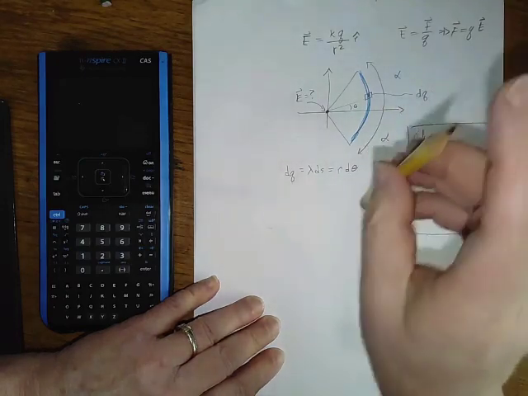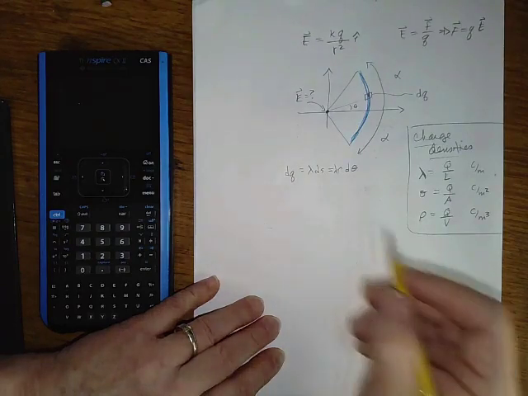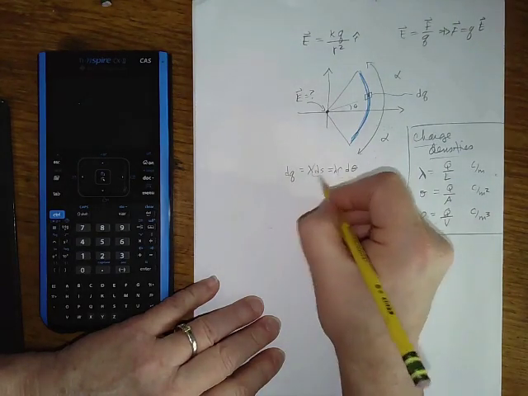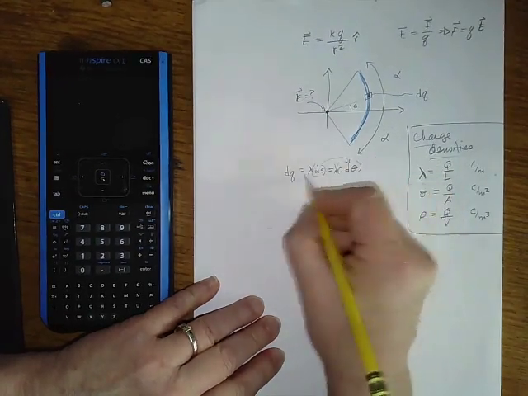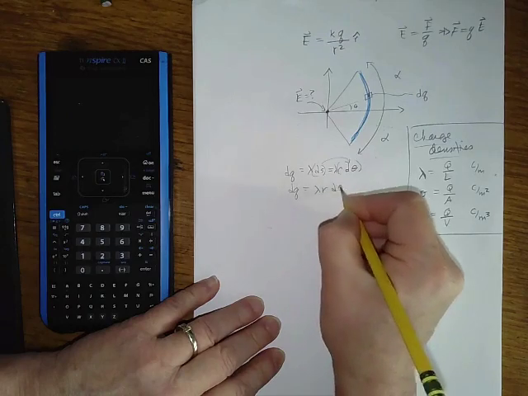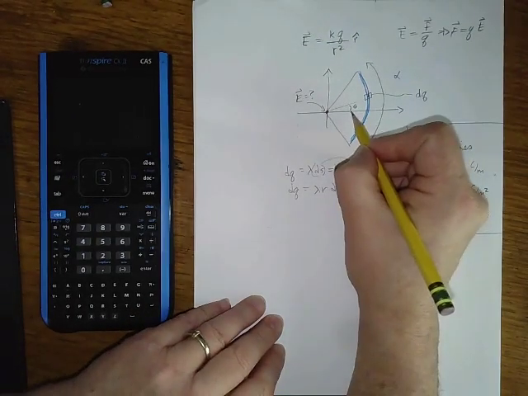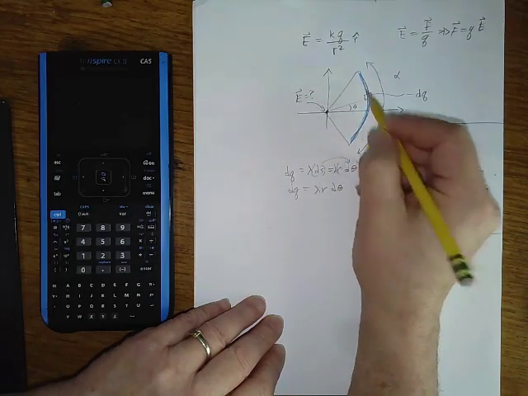Oops, I lost my lambda in there. So ds is r d theta. The lambda is multiplying the outside, so altogether dq is lambda r d theta. All right, so we can take our angle from negative alpha to positive alpha as we integrate, and we can get the whole thing.